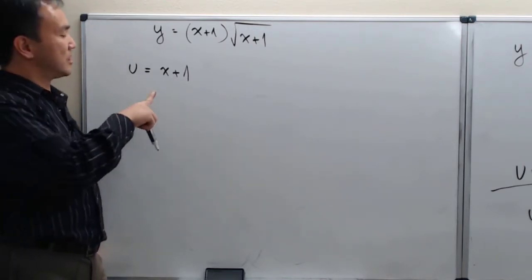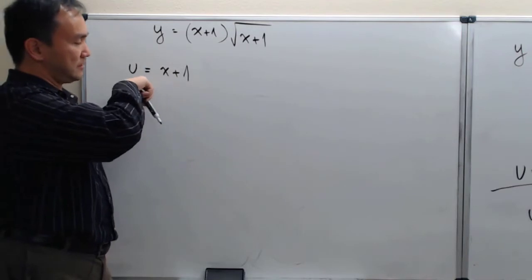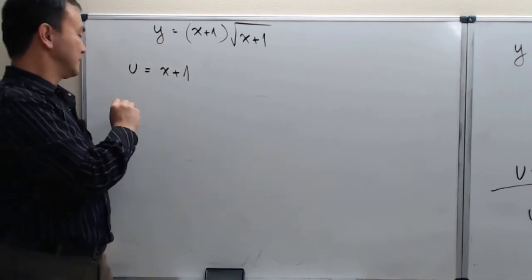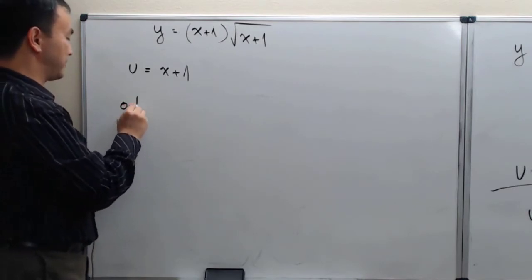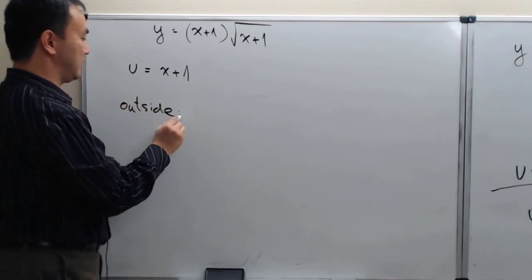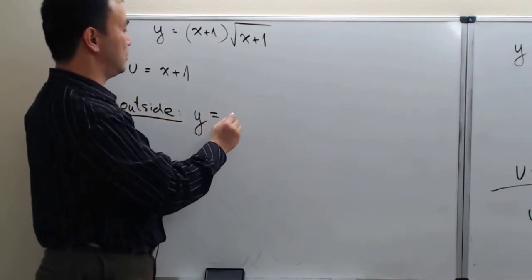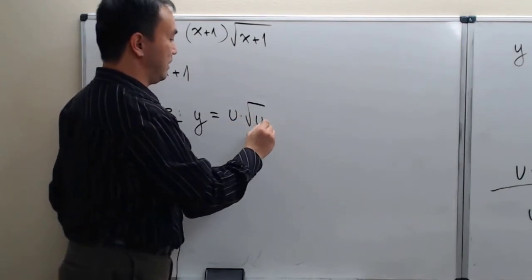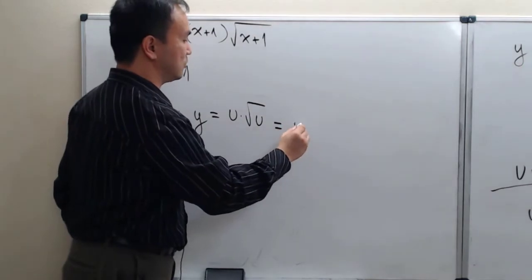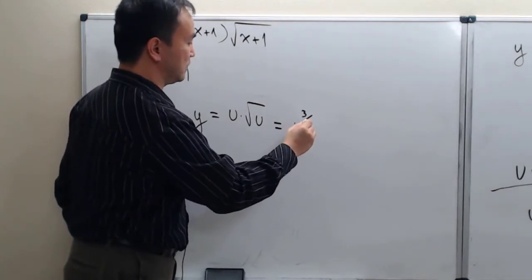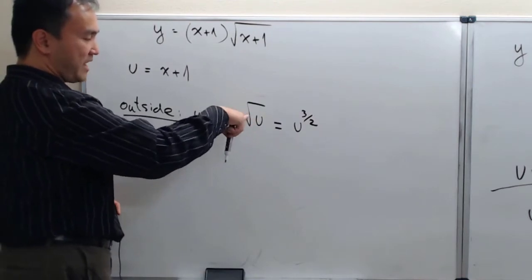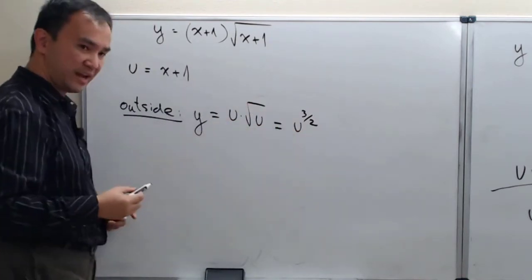Okay, so now if we go with this x plus 1 chosen as the inside, then the outside function is now clearly y equals, that becomes a u, this is the square root of u, and in other words we're looking at u to the 3/2 power, because this is power 1, this is power 1/2, so 1 plus 1/2 is power 3/2.